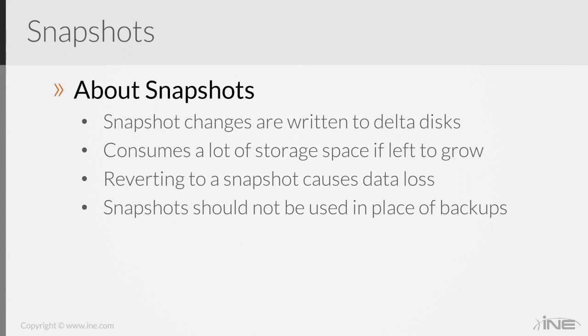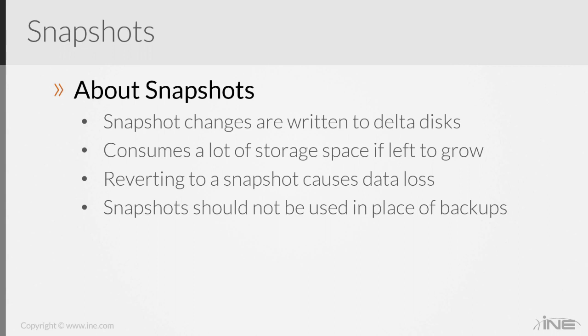The original VMDK file, however, would remain as your read-only source. So your changes would be in that Delta disk file, and your original VMDK still serves as your read-only disk.